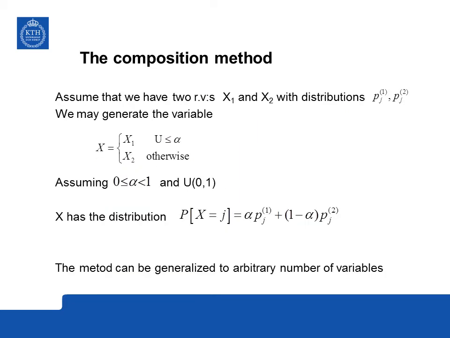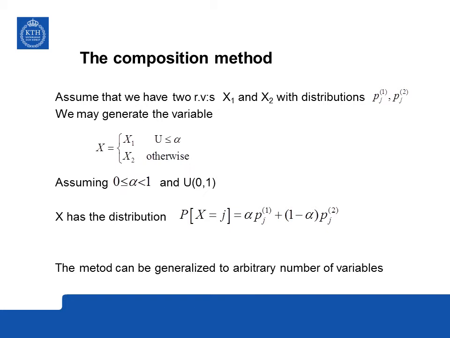The third method is the composition method, and it's quite simple. Assume that we have two random variables X1 and X2, each with their distributions, and we generate a variable X simply by, with a certain probability alpha, picking X1, and with the probability 1 minus alpha, picking the other one.